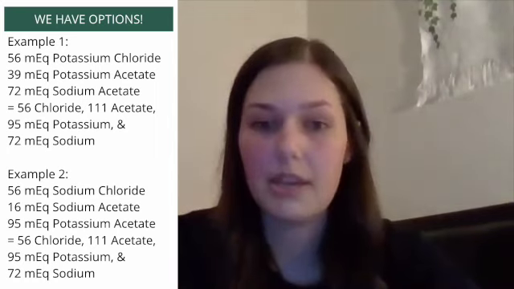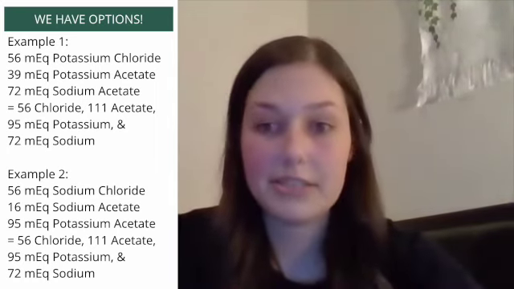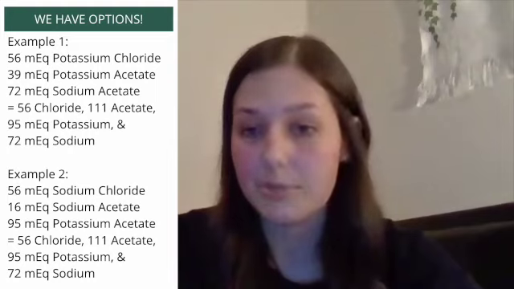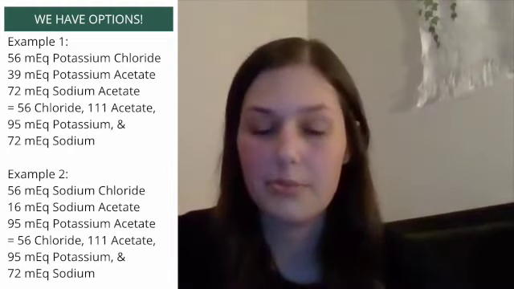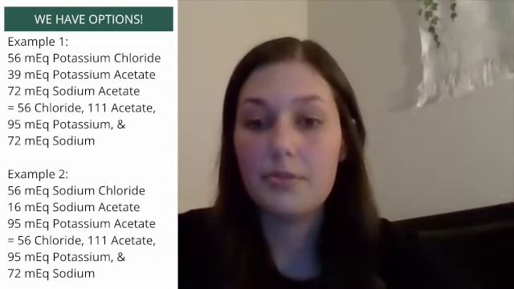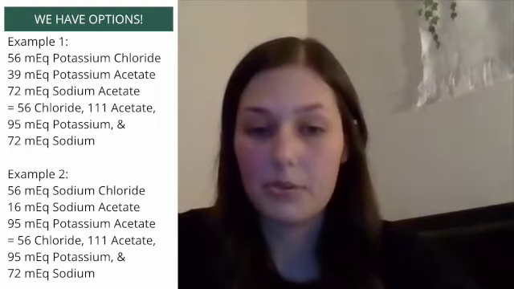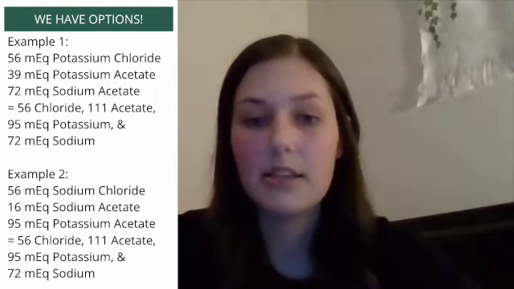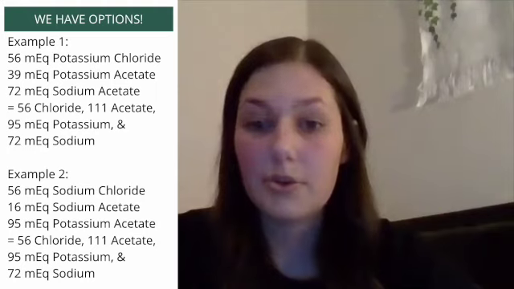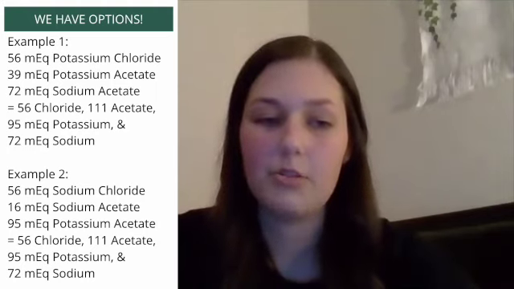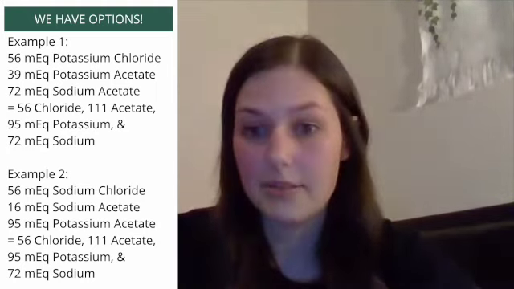Another option would be providing 56 milliequivalents of sodium chloride. So there's all of our chloride that we need to provide. And then doing 95 milliequivalents of potassium acetate and providing the rest of our sodium as 16 milliequivalents of sodium acetate.